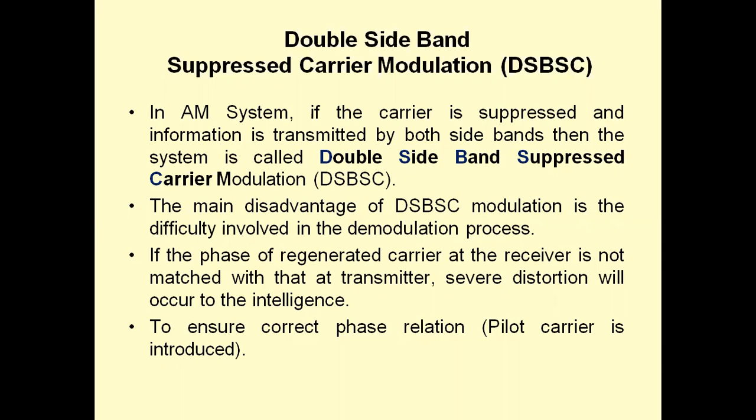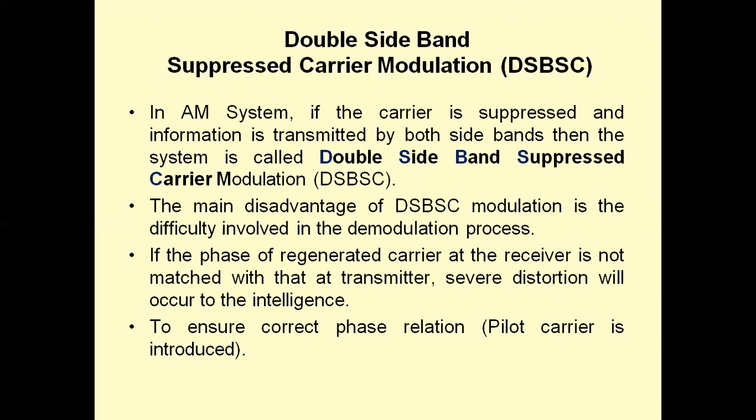In the process of generation of AM, when the message signal is added to the carrier signal, we are getting three components, namely carrier, upper sideband, and lower sideband. Carrier does not contain any meaningful information. The meaningful information is available in both the sidebands, upper sideband and lower sideband.